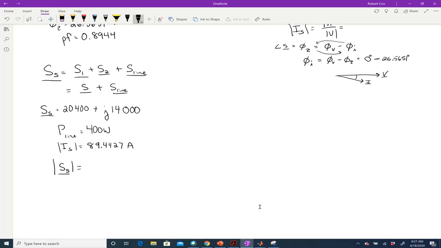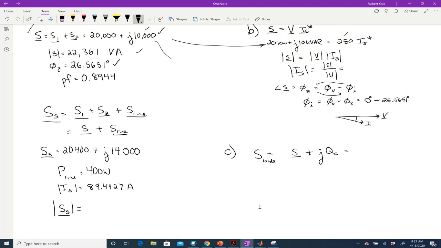All right? So let's take a look at the situation. So in this case, now in part C, I'm saying I want S loads to be S, which is the complex power of the combination I have right now, plus whatever the capacitor is giving me. So we say plus jQC, which in this case, I'll write it out since I know what S is. It's S, which is just for the loads, was up here. All right, so I bring that down.